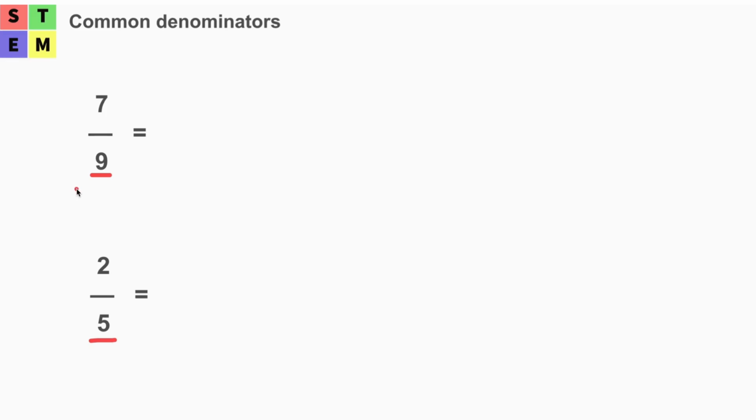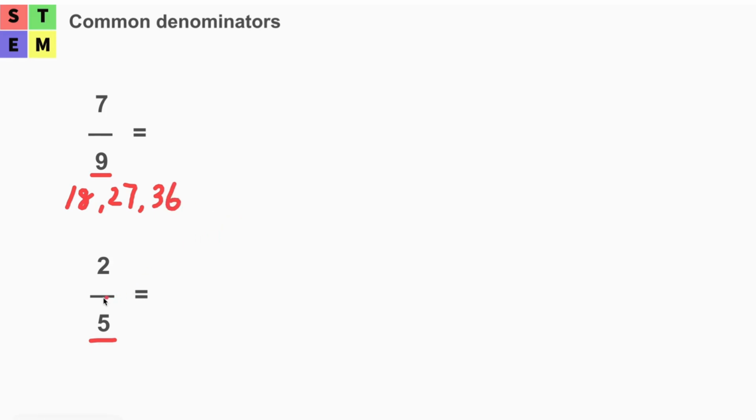So 9 times 2 and 9 times 3 is 27, and 9 times what? 4, which is 36.